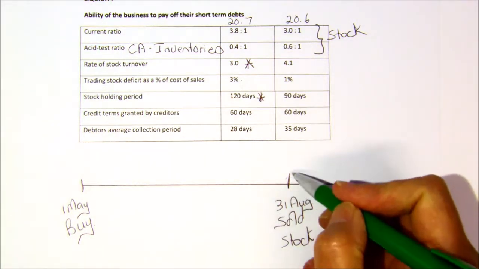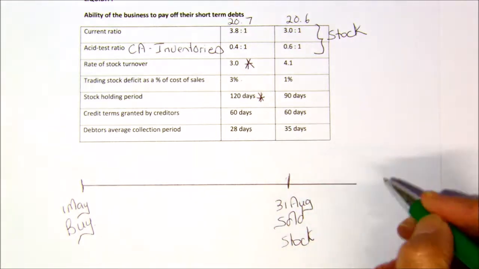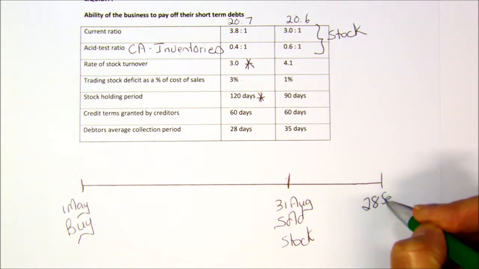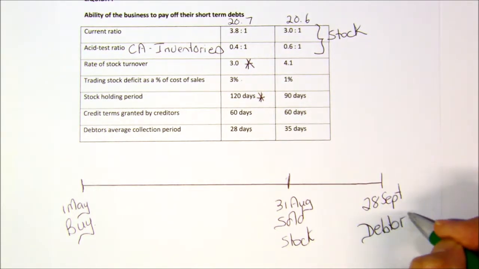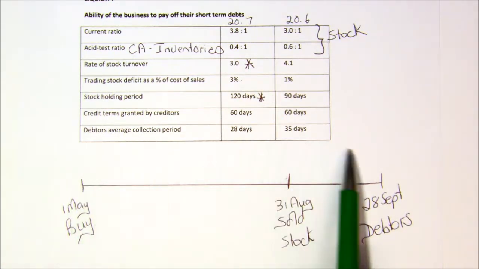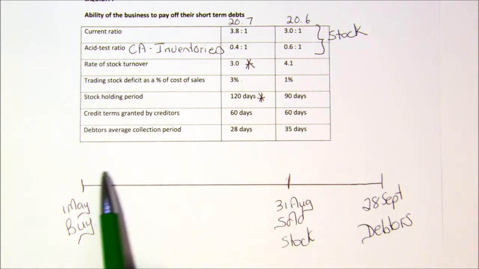But if that's when the last lot of stock is sold, you're going to take another 28 days before that money will come in. So we're now at the 28th of September, and by then all your debtors have paid. So we are saying it's taking from the 1st of May till the 28th of September to sell all that stock and get all the money back.